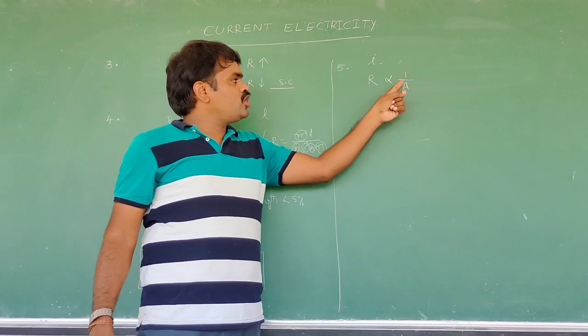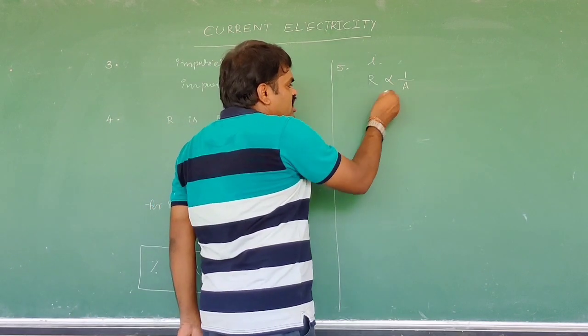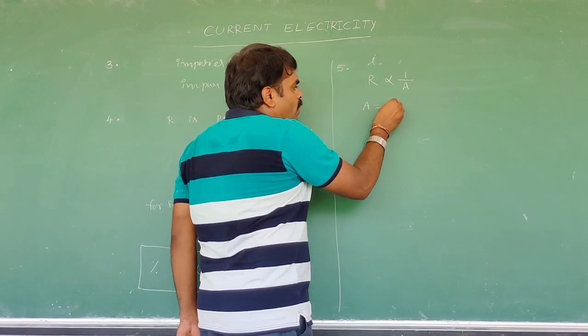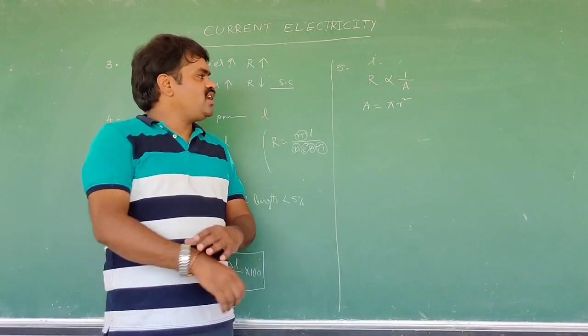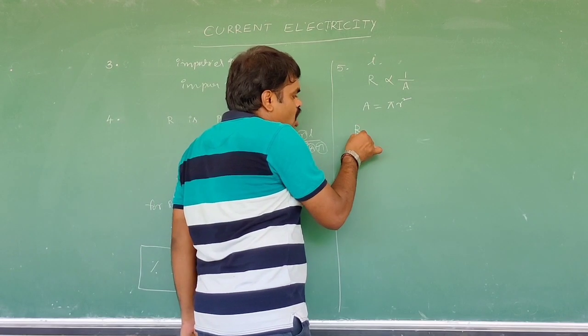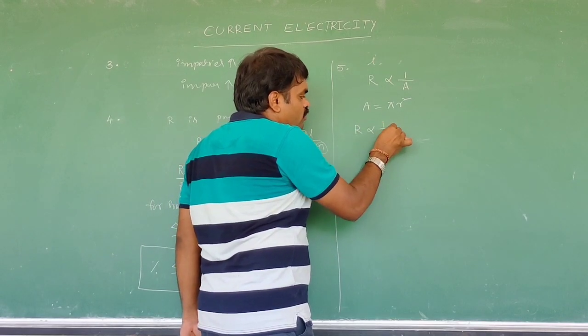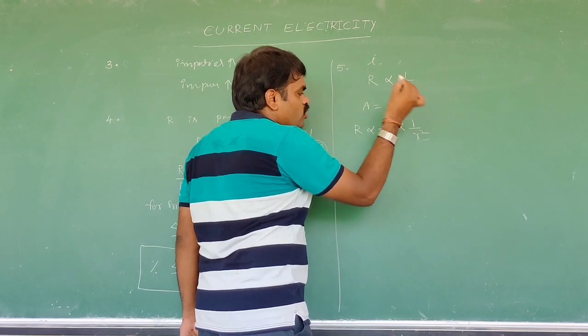R is proportional to 1 by A. Now the area of cross section is A equal to πr², where r is the radius of the cross section of the conductor. Then the resistance R is proportional to 1 by A, which is proportional to 1 by r².